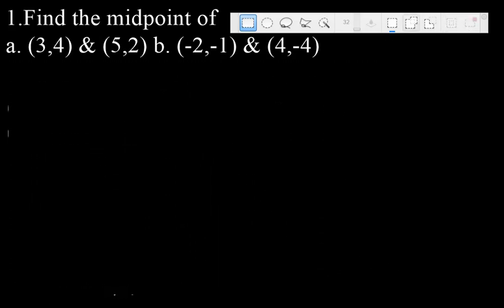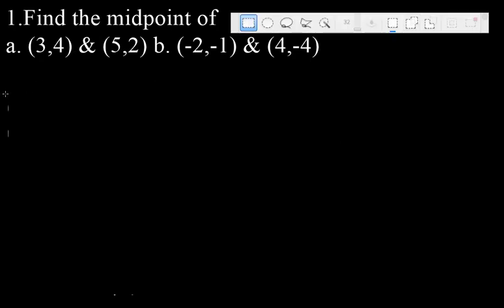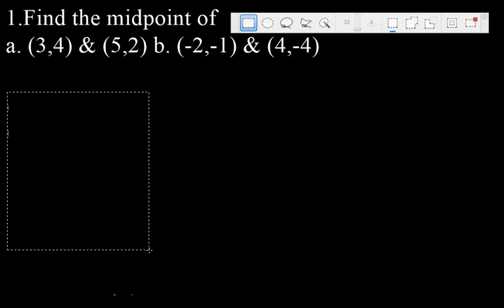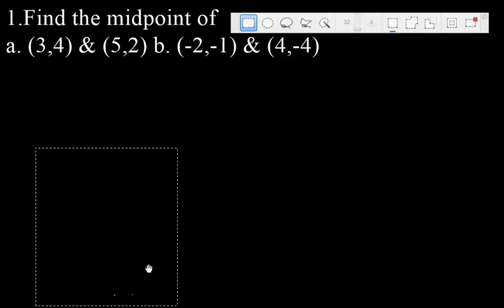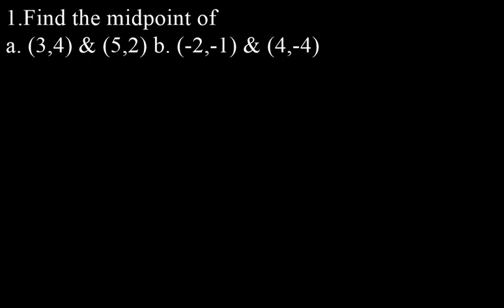I would advise you to first pause the video and try working it out on your own. And once you're done, you can play the video and check if we arrive at the same answer. So for the second part, we are given the coordinates -2, -1, and we are given 4, -4.